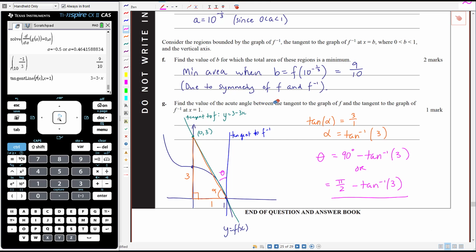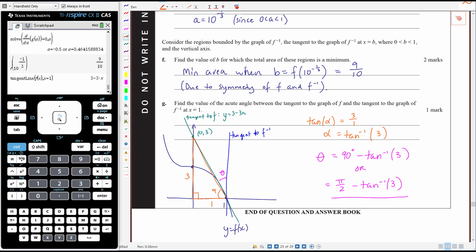Okay. My initial solution to this, I used the fact that gradient is tan of the angle. So if you do negative 3 equals tan of the angle, you get yourself into a bit of a mess with the negatives. It's actually just much easier to use the right angled triangles on the diagram.